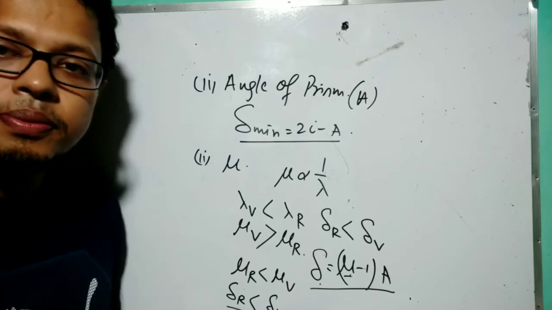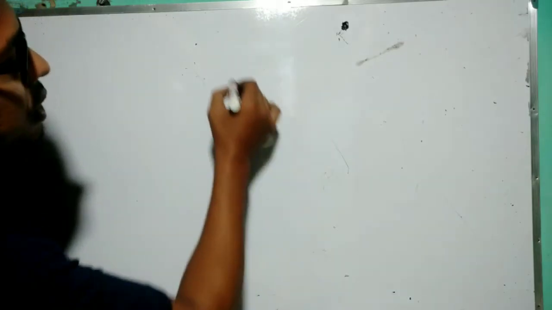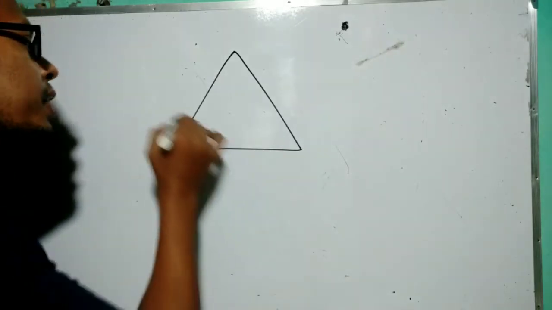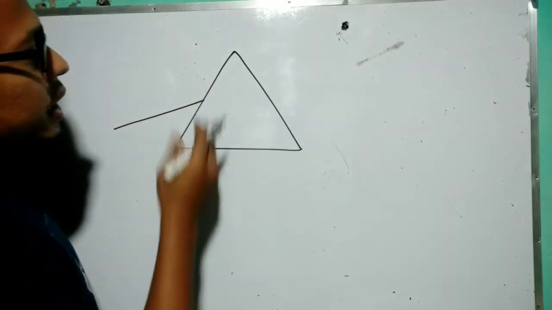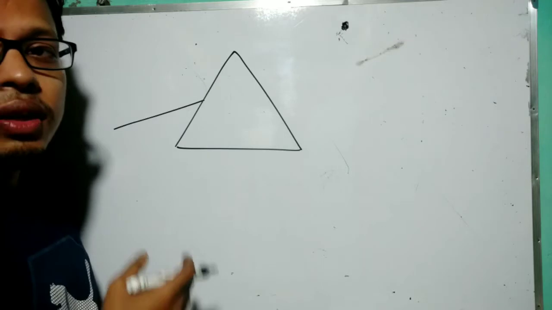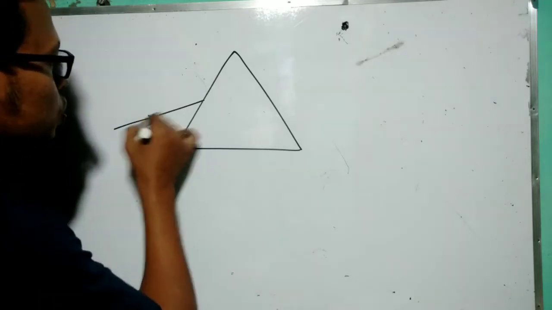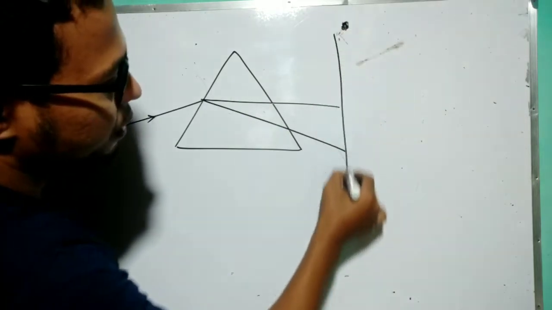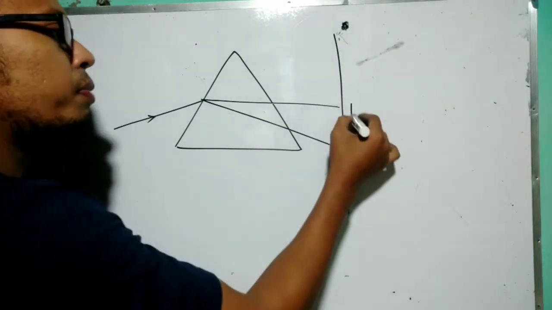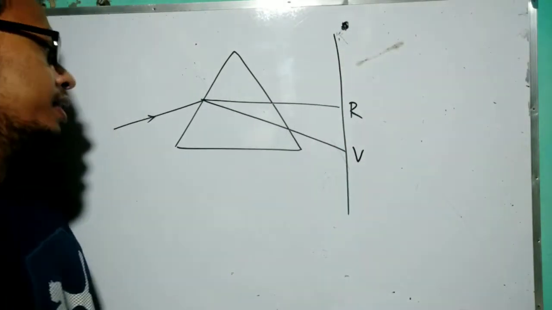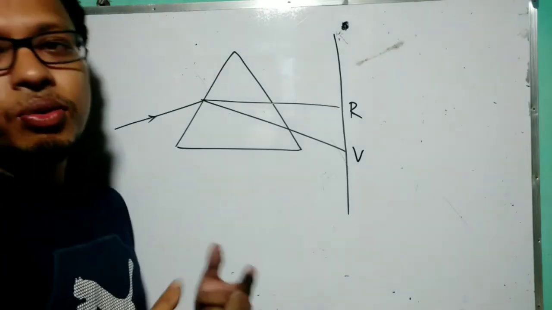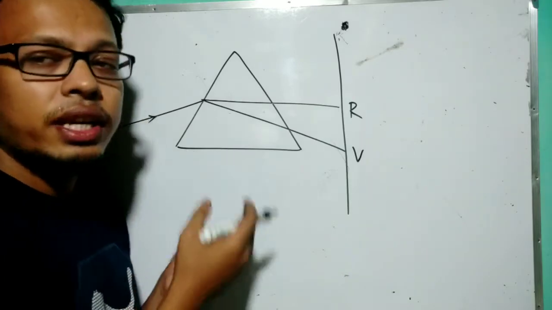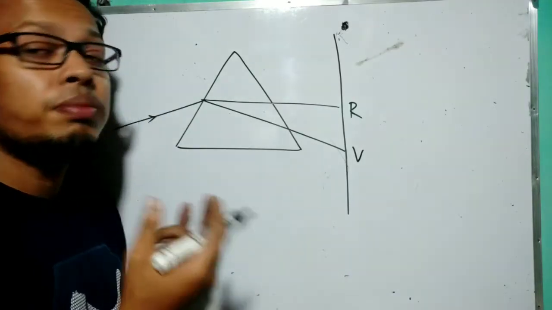Clear? In the case of a prism, when white light passes through it, the prism splits it into the 7 constituent colors. So the diagram looks like this: if we keep a screen, this will be red and this will be violet. So my question is, why does it happen? Why does the red color bend least and the violet color bend more?